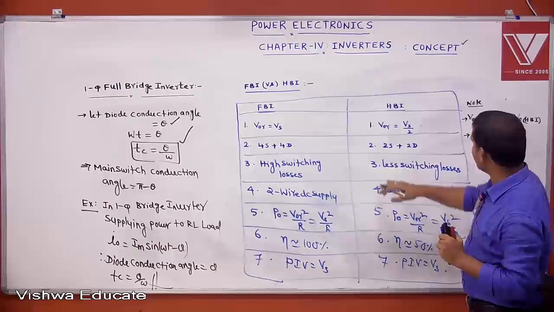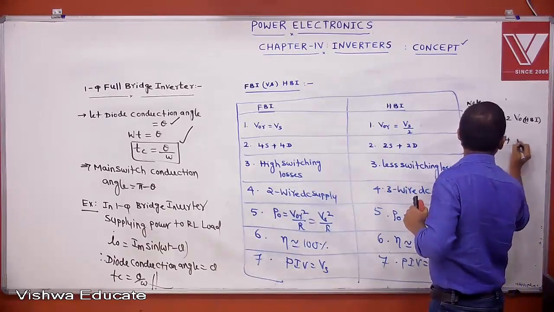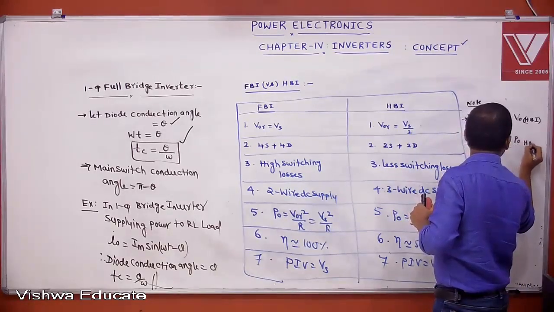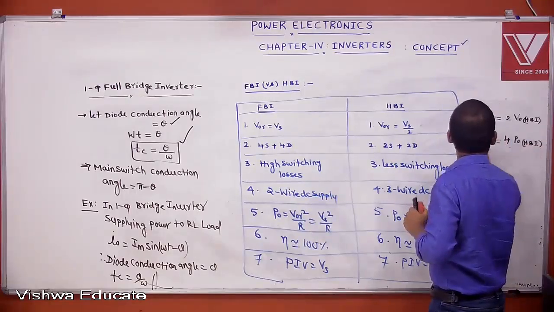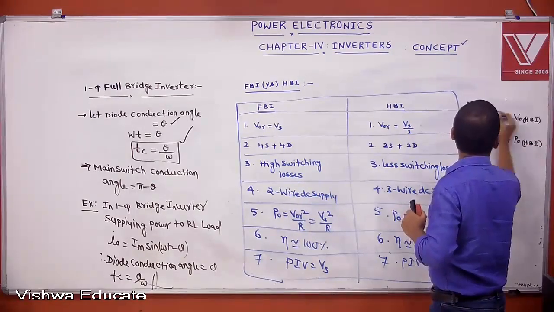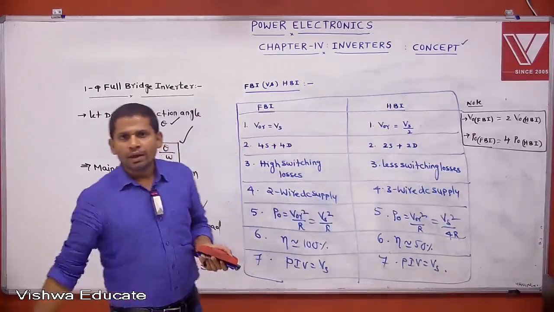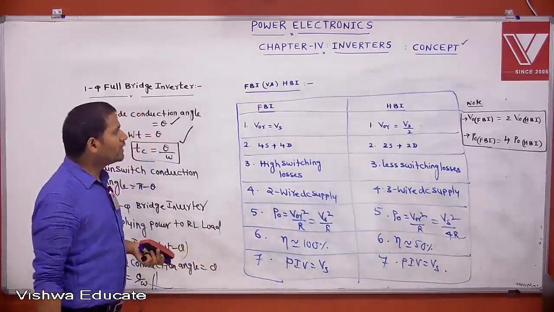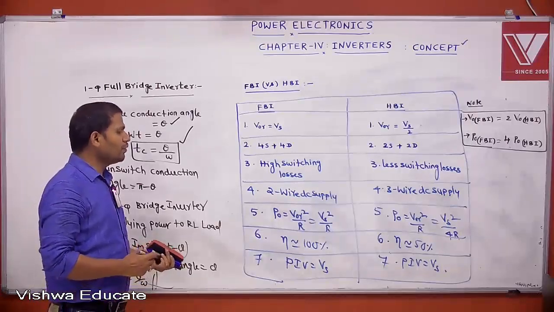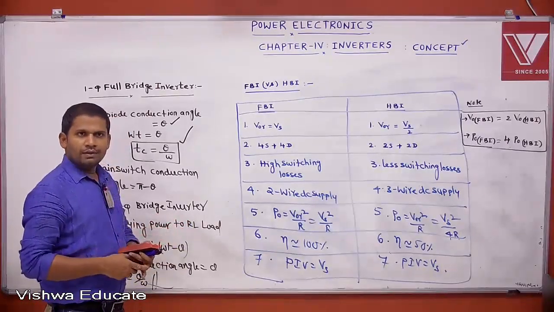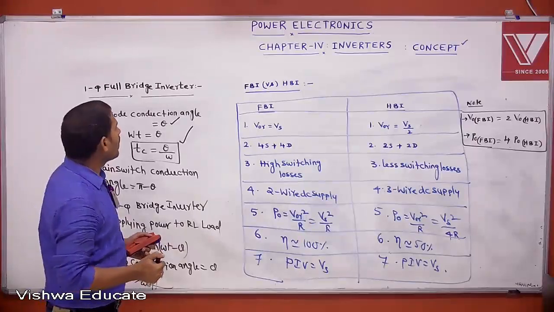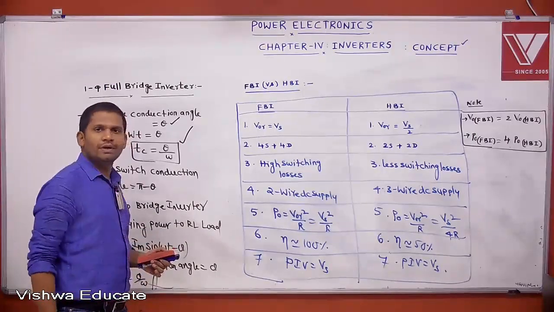How many times? 4 times. So the full bridge has 4 times the power output of the half bridge inverter. Very important observations, these two. In the full bridge inverter, voltage is 2 times, but power output is 4 times. This is the concept of half bridge and full bridge inverter.